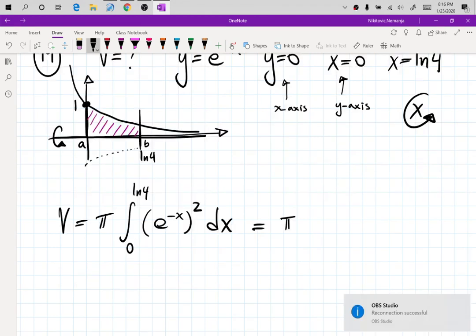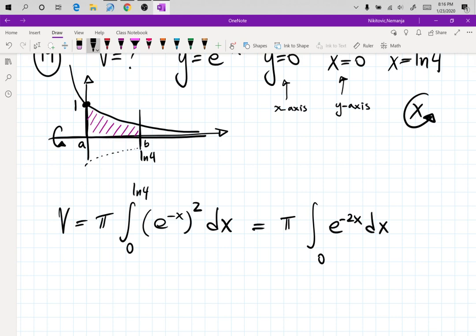In front of the integral. It's time to look at your steps and make sure you have pi on each one. Next lecture is going to have 2 pi. We have integral of e to the negative 2x dx from 0 to ln 4.